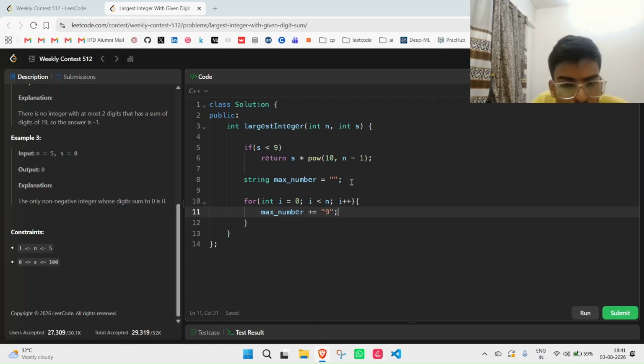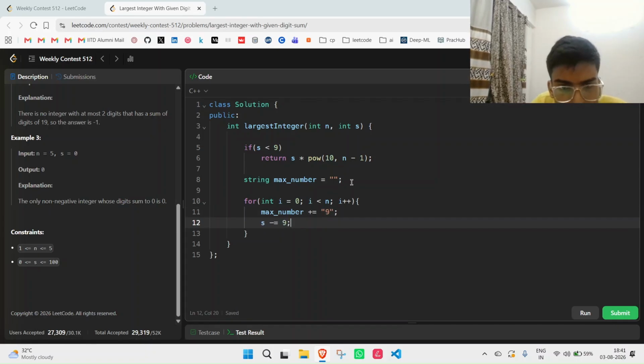S will be equal to 9, and S minus equal to 9. We continue for 10 times.